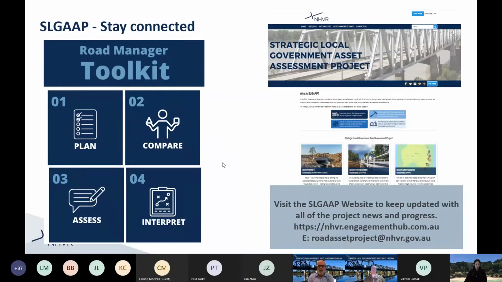On the right-hand side is the project website, which is on what we call the engagement hub. If you haven't already registered, please jump in and do so, and you'll get access to the Road Manager Toolkit within that site. It's a really great resource for road managers, and we're building that over time.